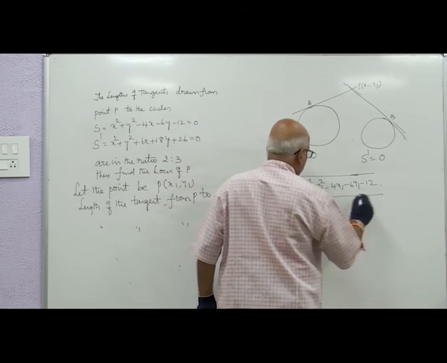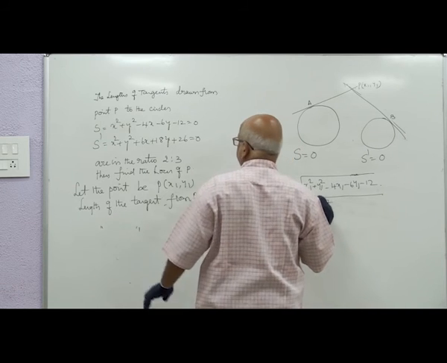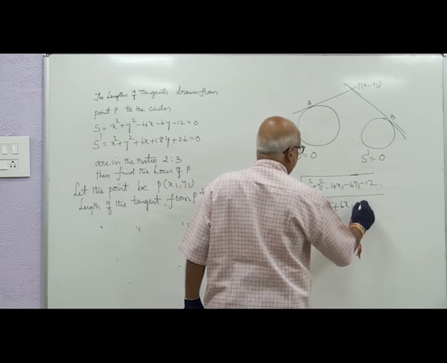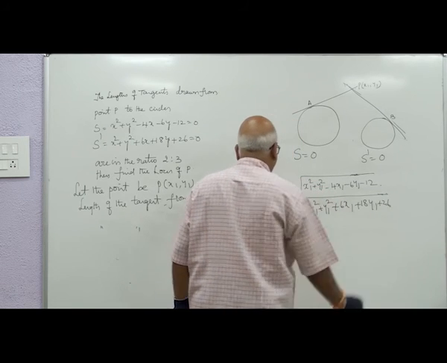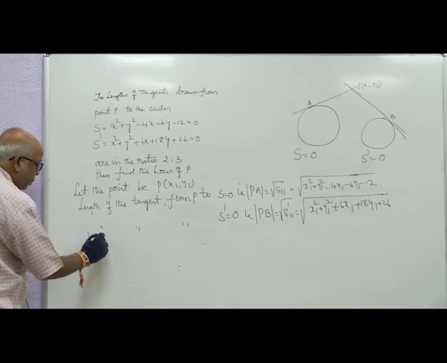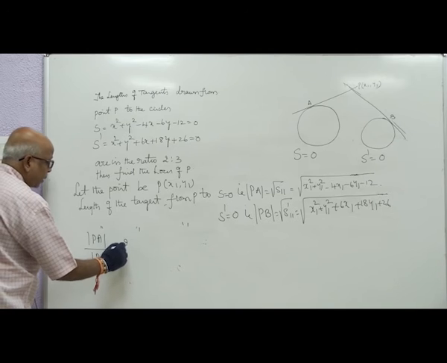Root of x1 square plus y1 square, second one, plus 6x1 plus 18y1 plus 26. What was given in the problem? PA by PB equal to 2 by 3.